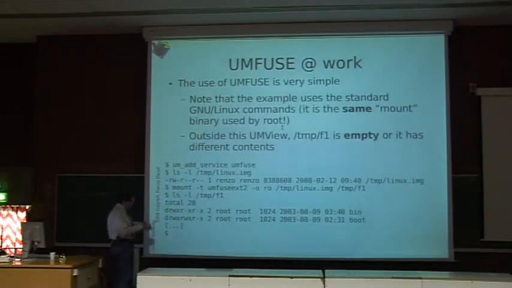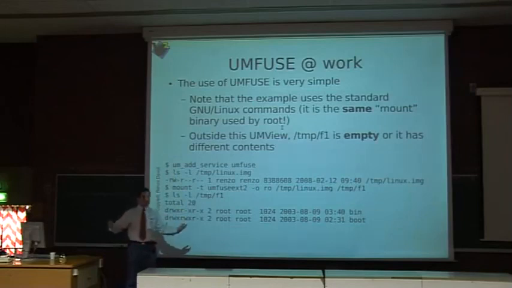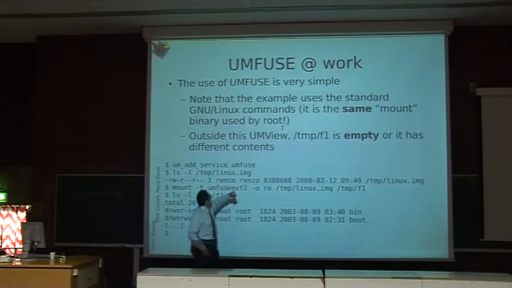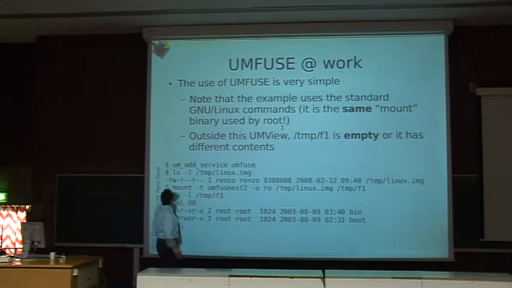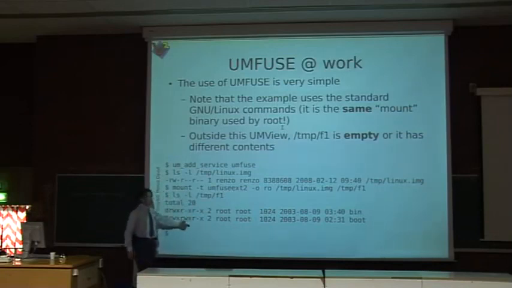Let us see by hand what this means. If you are in a UMView machine, at the beginning nothing changes. You just start a shell, and it seems that you're working outside UMView. But you can add the UMFuse service, and then you can take a file system image and mount it using the system mount command as a user, and you have mounted this file system.